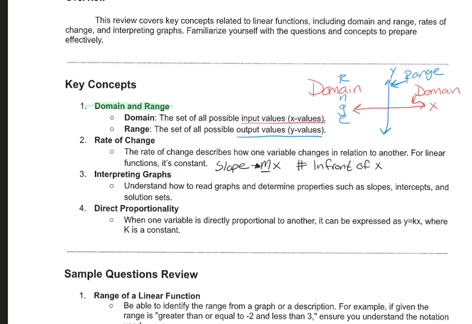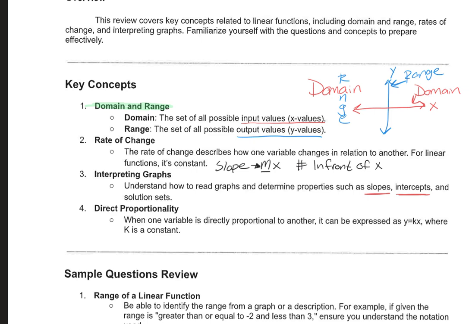Something else that is going to be important to review is interpreting graphs. So you want to be able to understand how to read graphs and determine properties such as slopes, intercepts, and solution sets. Okay, so a couple of things here. So slope, intercept, right? That is where it crosses the X or the Y line.